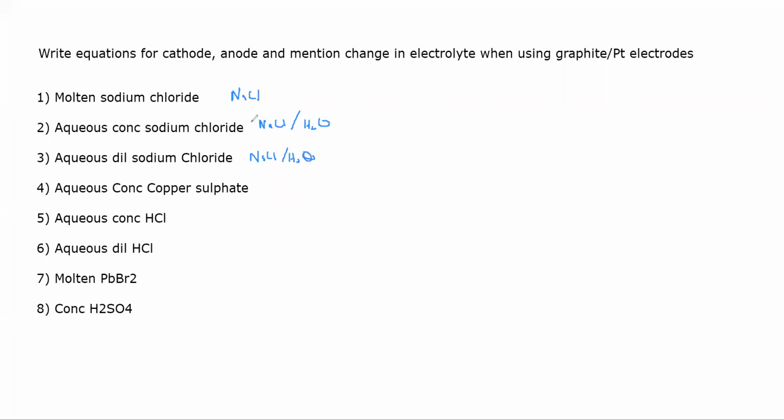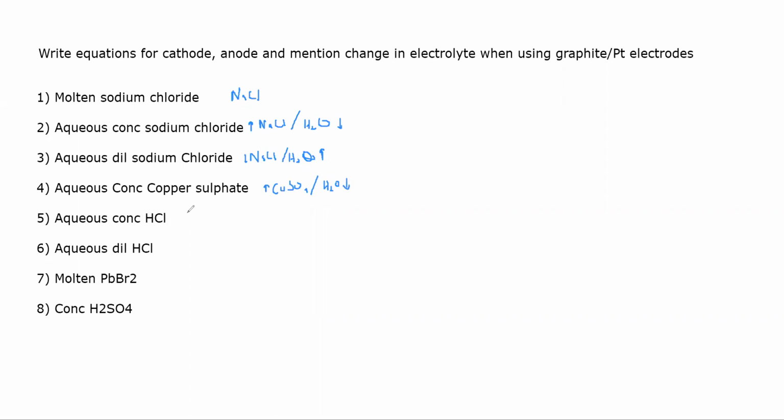If it is concentrated, it contains more salt and less water. If it is dilute, it contains more water and less salt. Aqueous copper sulfate contains CuSO4 and H2O. It's aqueous concentrated, so less water and more salt.